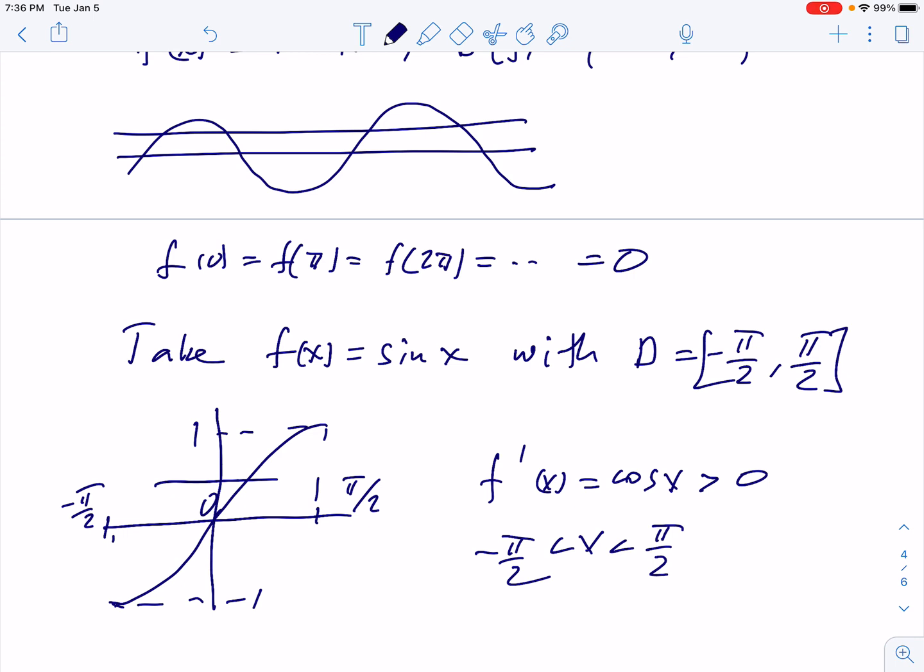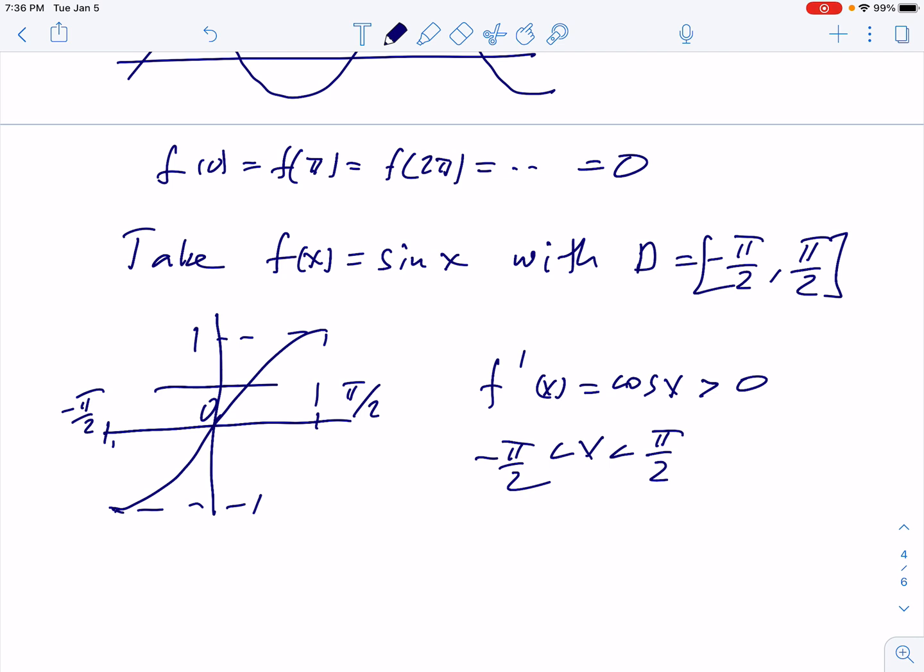And because of our derivative test, the function is one-to-one. Sine x is one-to-one on the closed interval negative pi over 2, pi over 2.